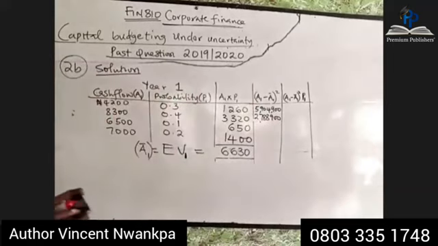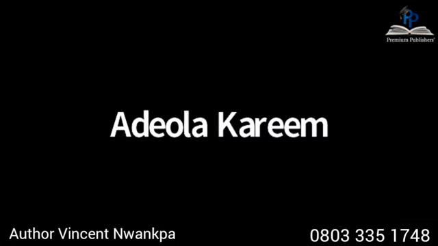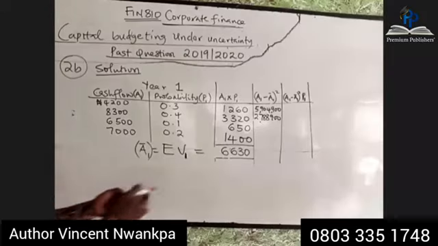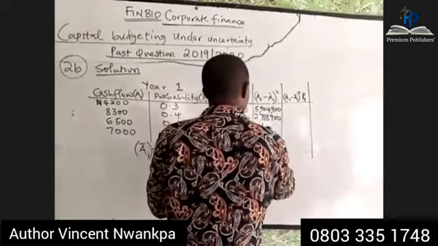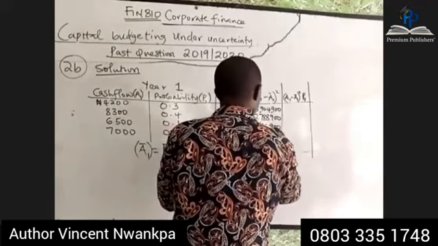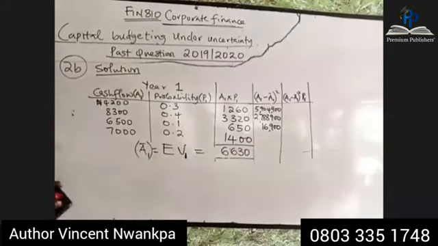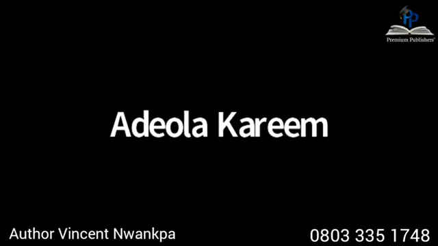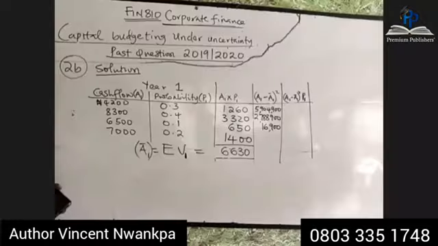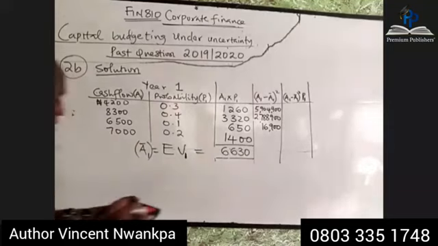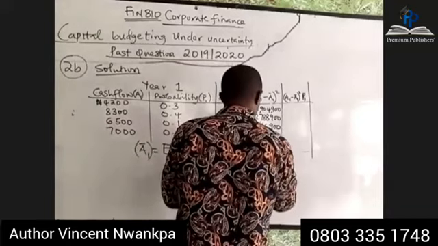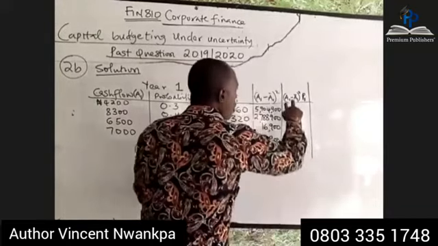The next one, 6,500 minus 6,630, square, 16,900. And finally, on that subtraction mode, 7,000 minus 6,630, square. We have 136,900.